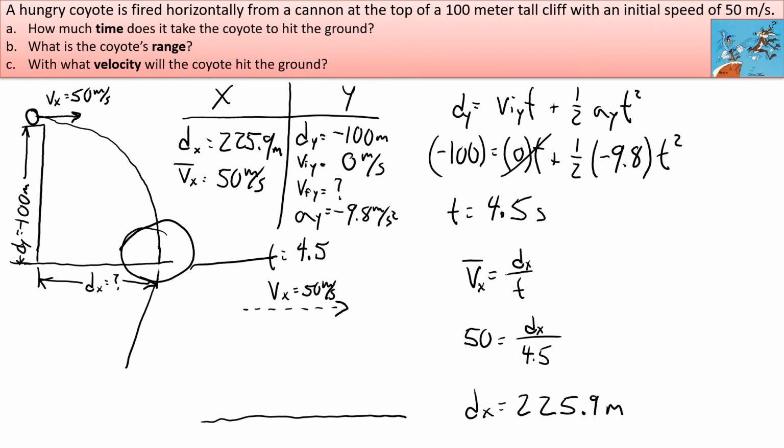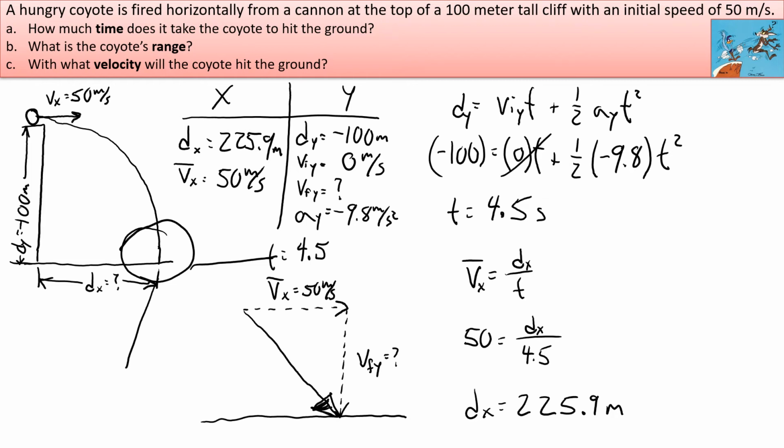But now the coyote is going to have some vertical velocity, VFY, because he's picking up speed because it's accelerating downward. So you have a final velocity that's pointing downward. We could calculate what that is, but that's not the actual final velocity. The actual final velocity is the resultant of these two vectors.